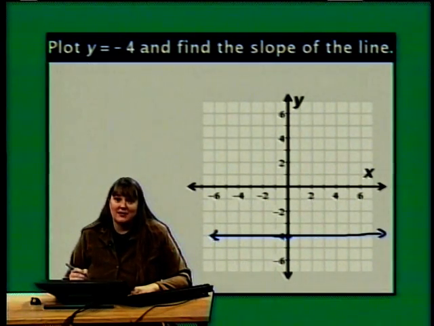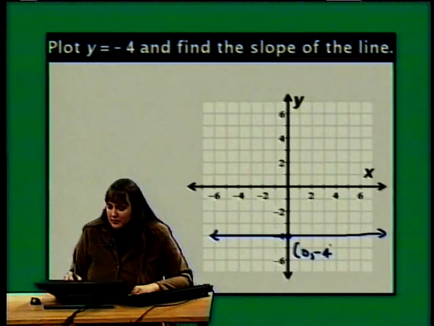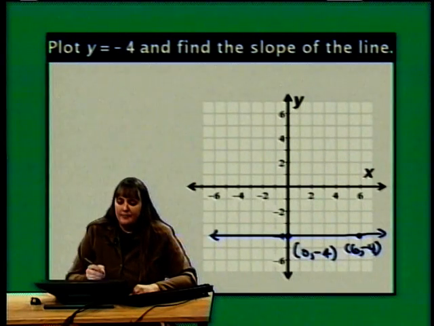The second part says to find the slope of the line. Well, let's think about a couple of points on the line. We already marked one, (0, -4), the y-intercept. Another point we could consider is (6, -4). Both of these points lie on this line.